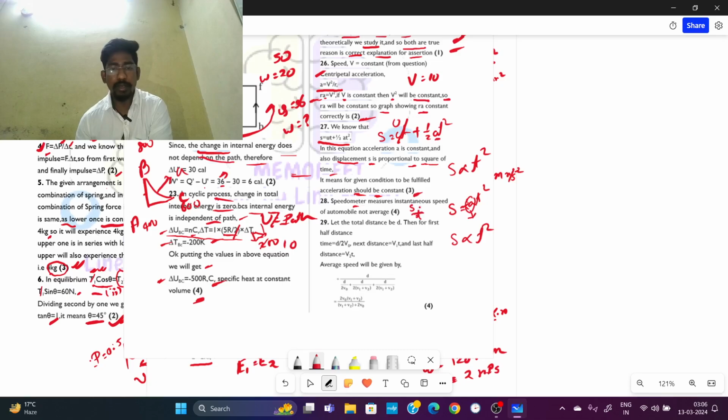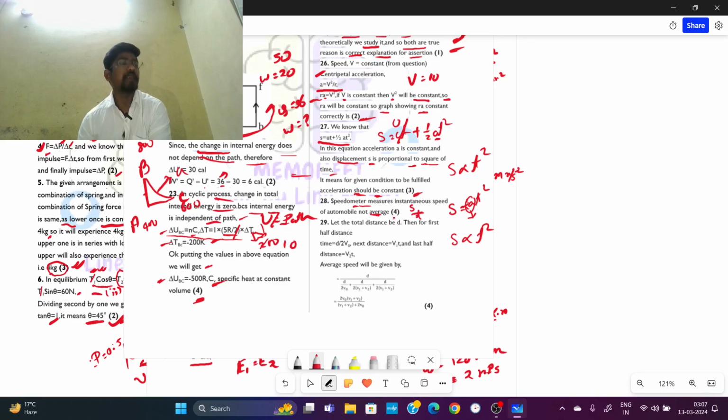Right? So nowhere is it said that the speedometer works that way; in the reason they have given an equation. So this is not the correct explanation of the assertion.